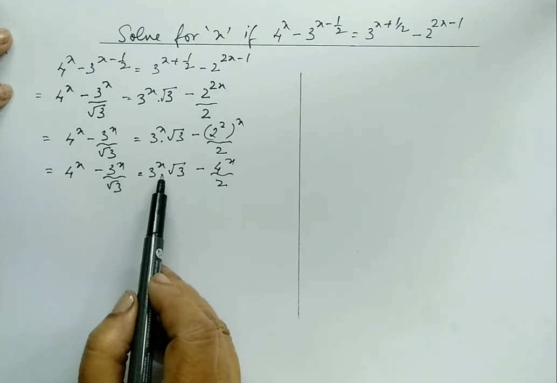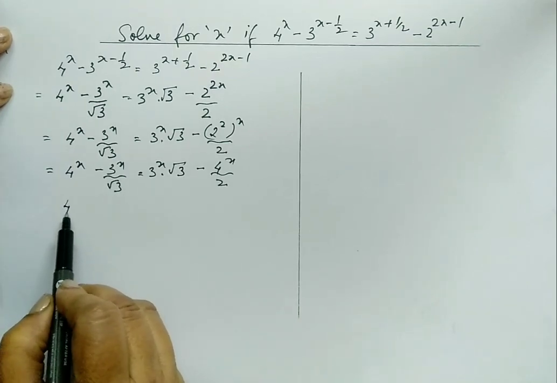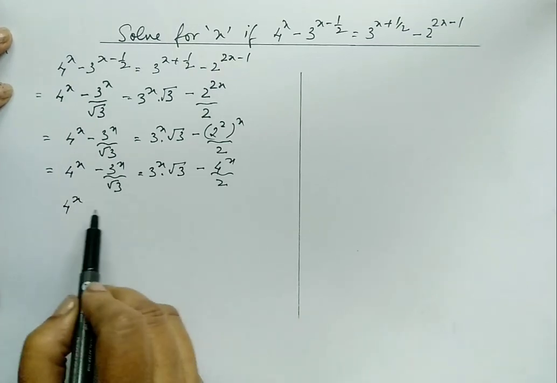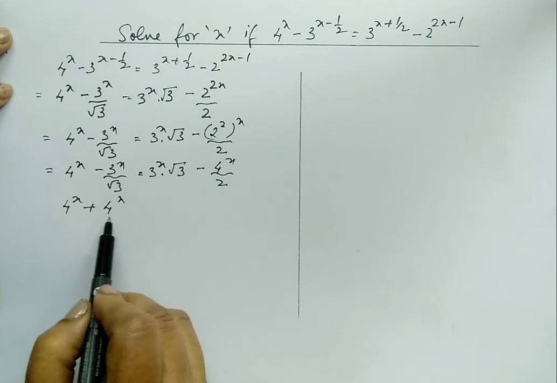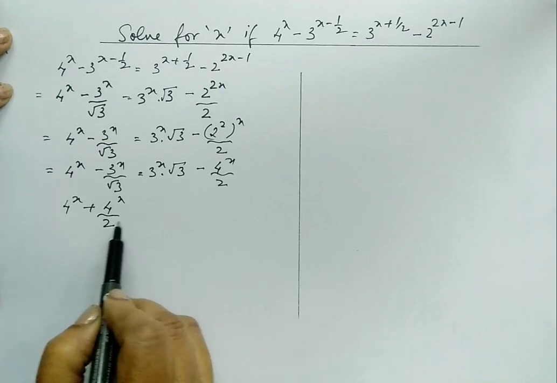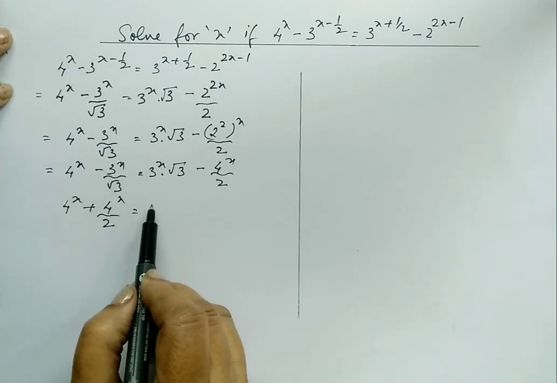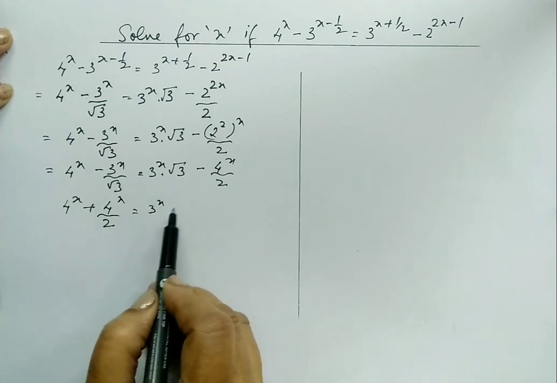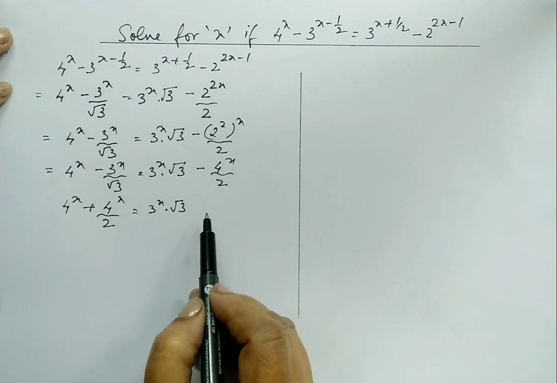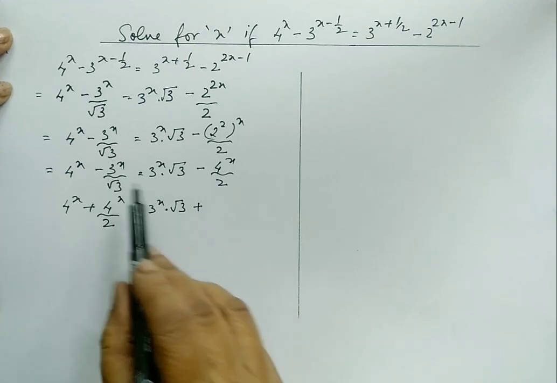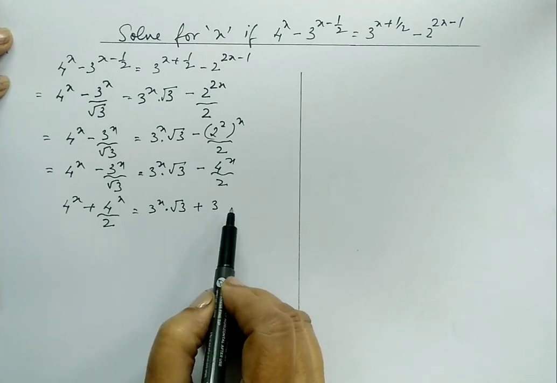Okay, at least one term is similar. So we can pull this on the left hand side, whereas take this sitting with this. It will become positive because we are transposing it to the other side.